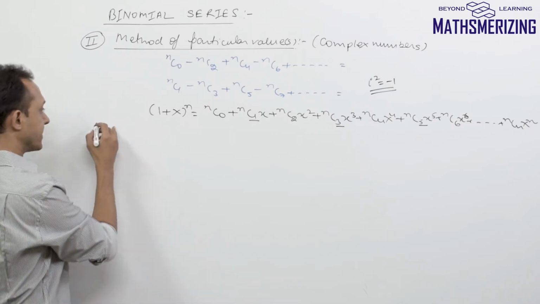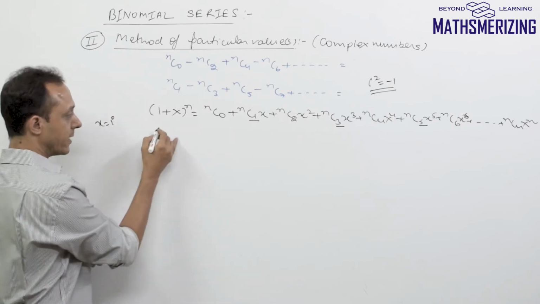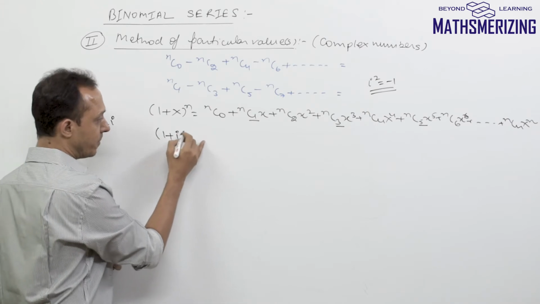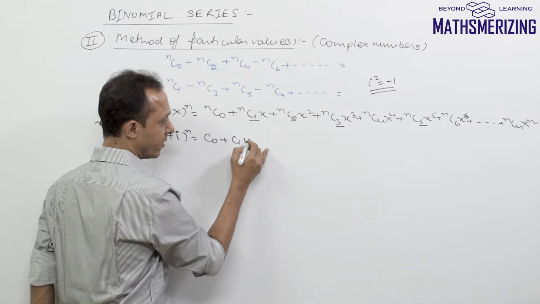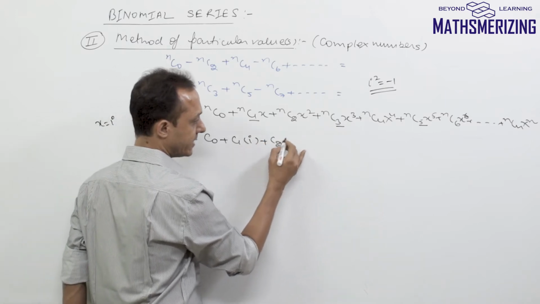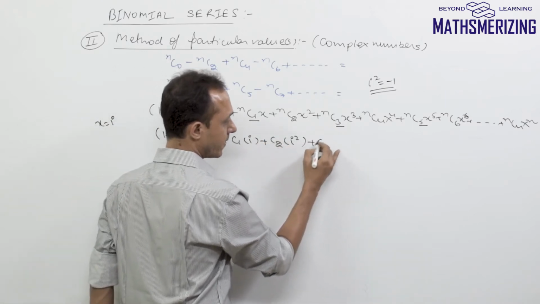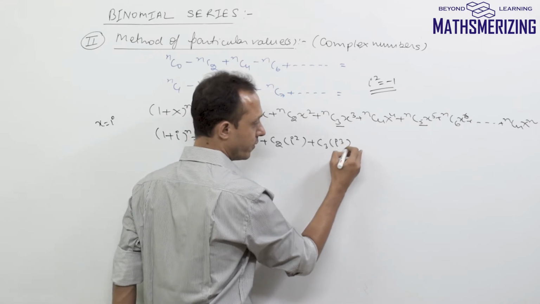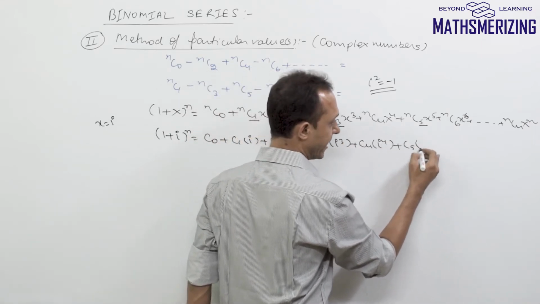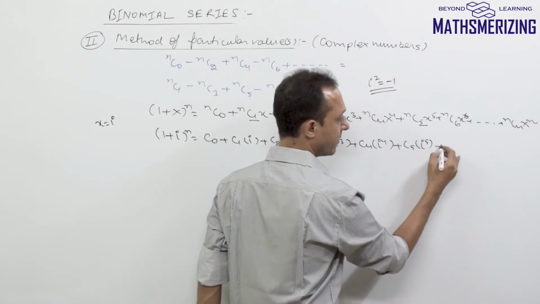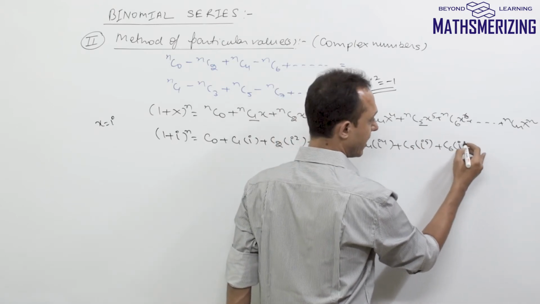So if I put x as iota, I'll simply write it as (1 plus iota) to the power n. Now it will be C0, and then C1 iota, C2 iota square, C3 iota cube, C4 iota to the power 4, C5 iota to the power 5, C6 iota to the power 6.